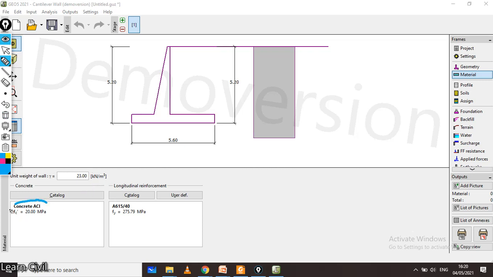The characteristic strength of concrete is 20 newton per mm square.